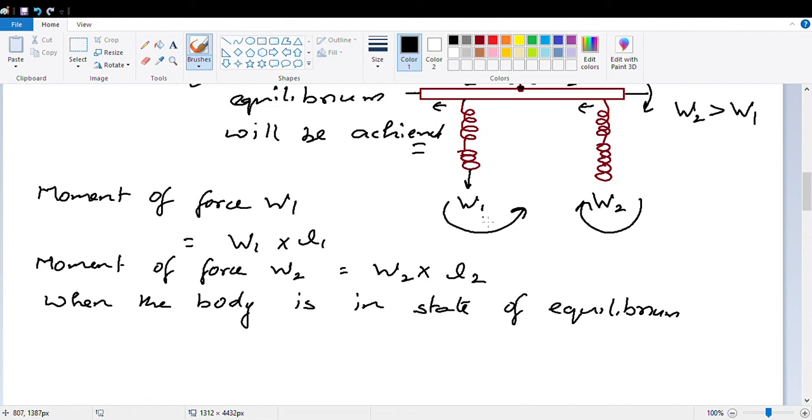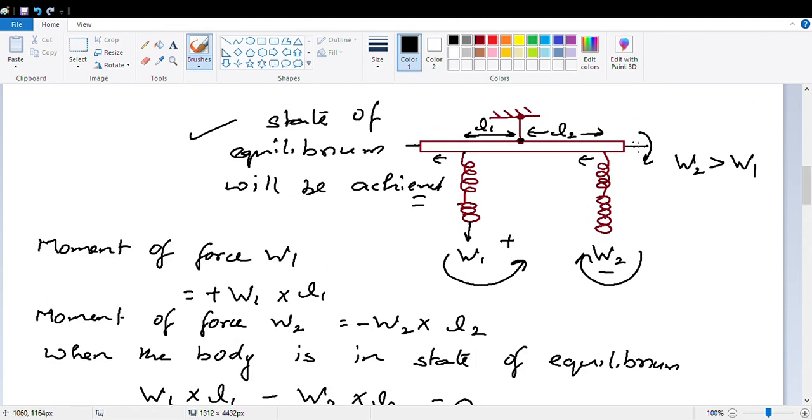If you take anti-clockwise as positive, clockwise will be negative. So this moment of force W1, that is anti-clockwise, became positive, and this clockwise became negative. Now their algebraic sum, W1 into L1 minus W2 into L2, will be equal to 0. Why 0? Because the scale is not showing any kind of motion.